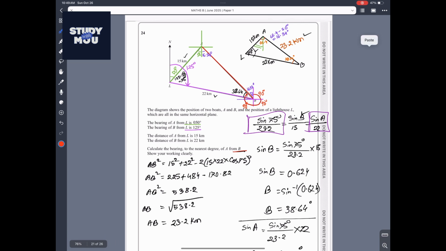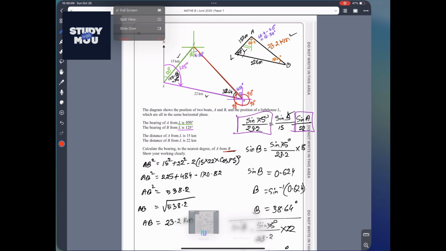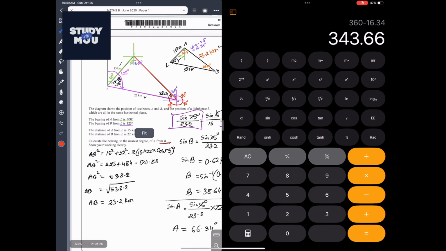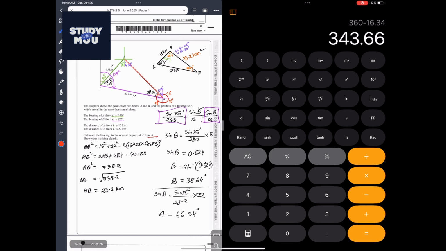Let me take the split view. Let me show you. We can take 360 minus 16.34. We can also do it like this.